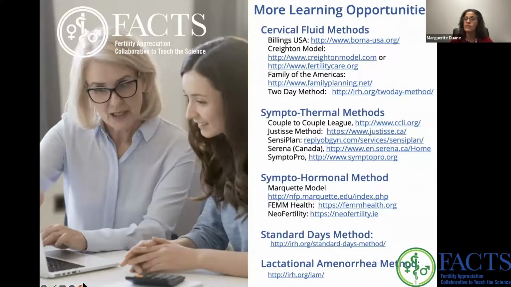Again, we invite you to visit our website, factsaboutfertility.org, click on Learn More, and scroll down to our Physician, Clinician, and Educator directory. These links are all available there, and hopefully through this presentation, you have a better idea of how to choose what method may be best for you. Once you've made that choice, we encourage you to find a trained instructor through any one of these websites.